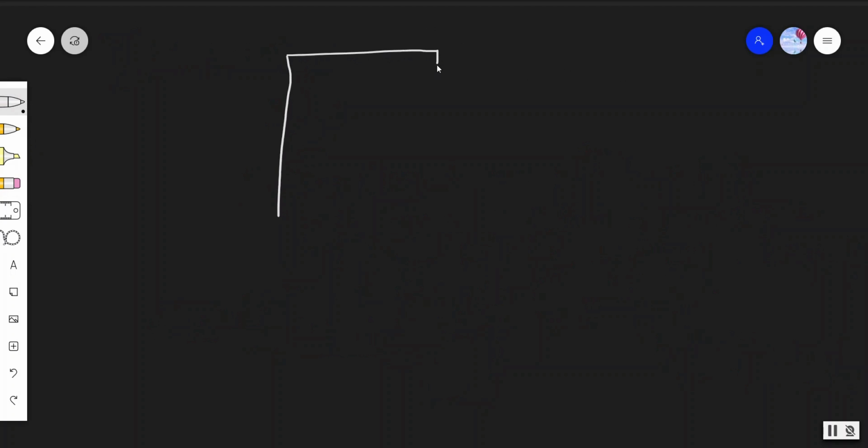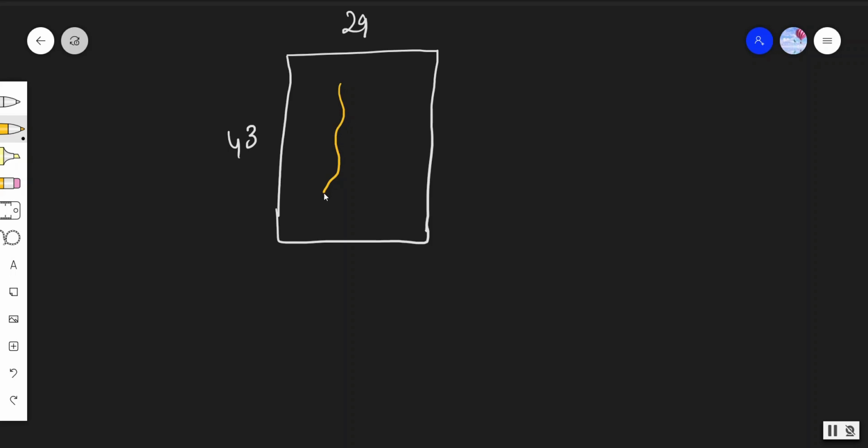If this is the herbarium sheet, this is 43 centimeters and this is 29 centimeters, and this is the actual dried plant which is fully intact, and we can see each and every leaf clearly.